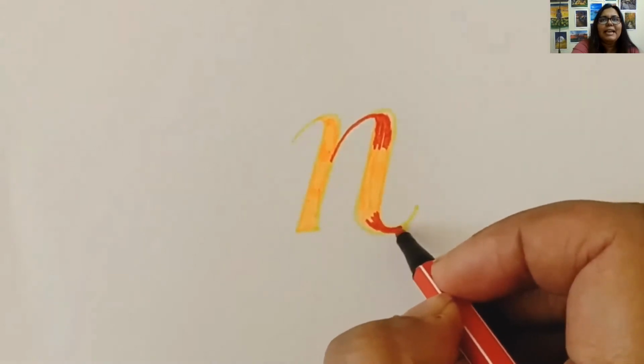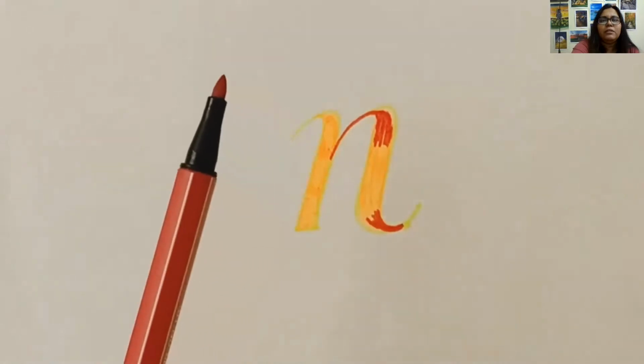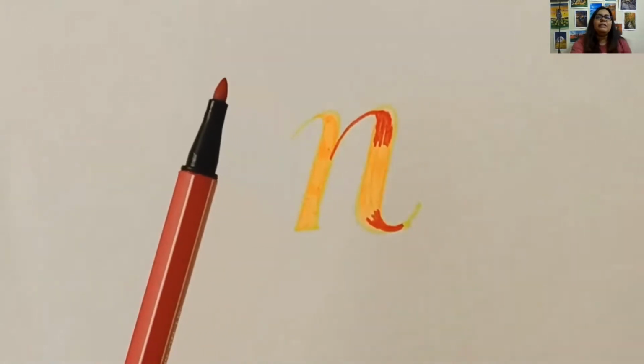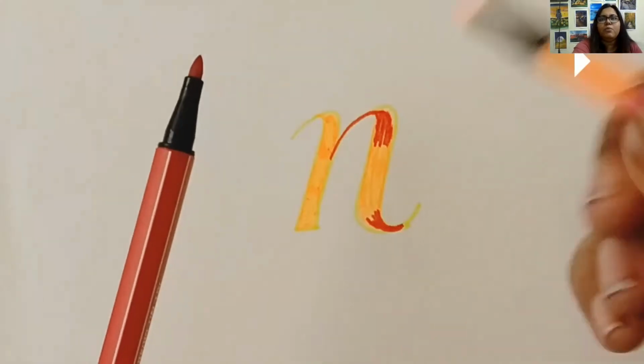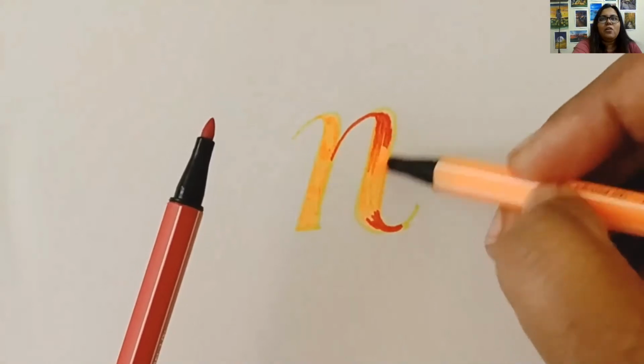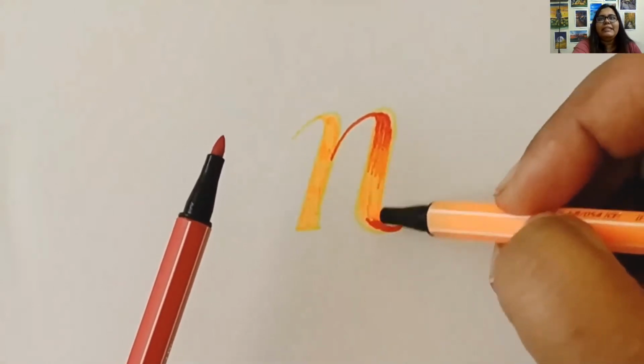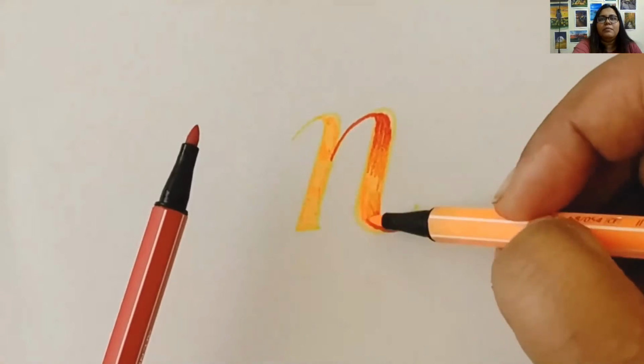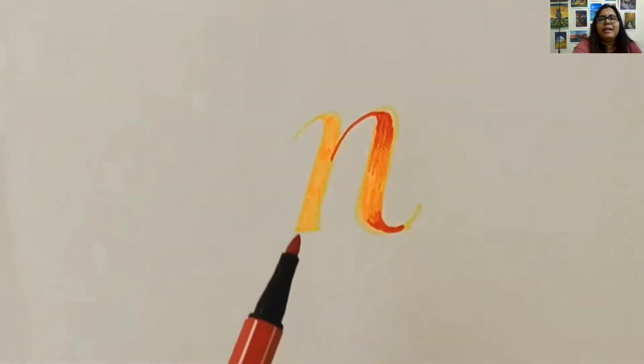Apply red at the top and at the end of the darkened portions of the letter. And then on top of that, apply the orange color once more. You will see that the red color will mix with the orange color. Use your sketch pens and apply the color once more.